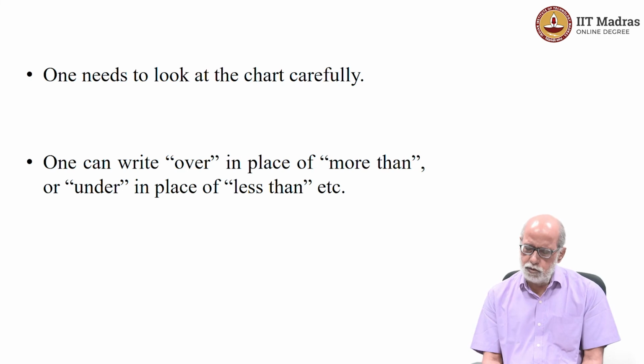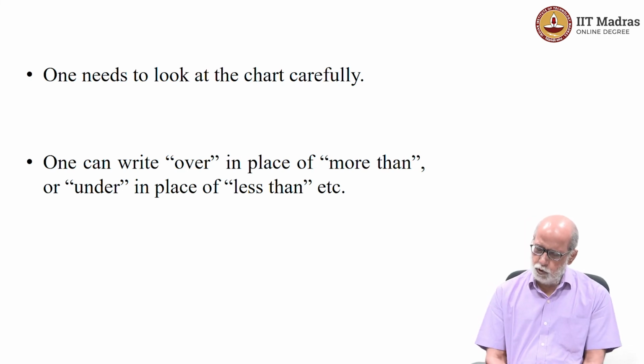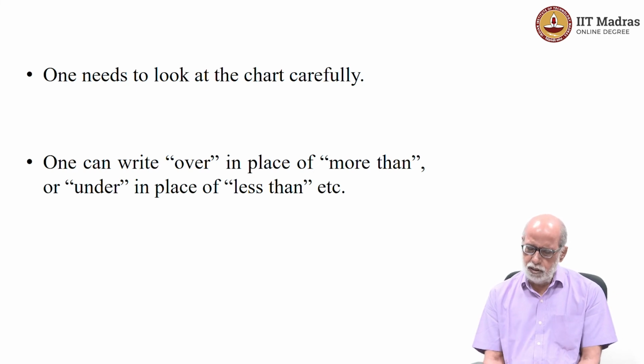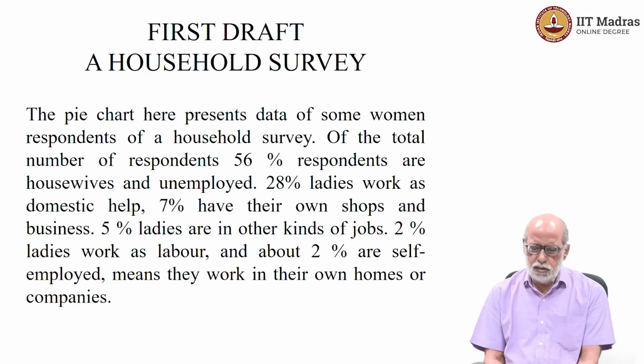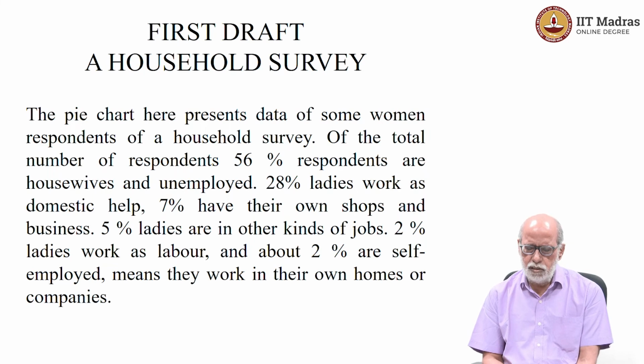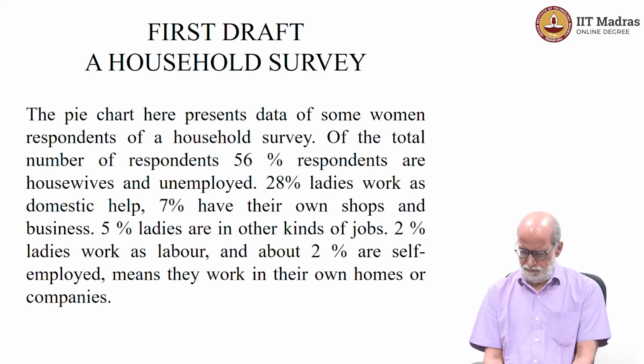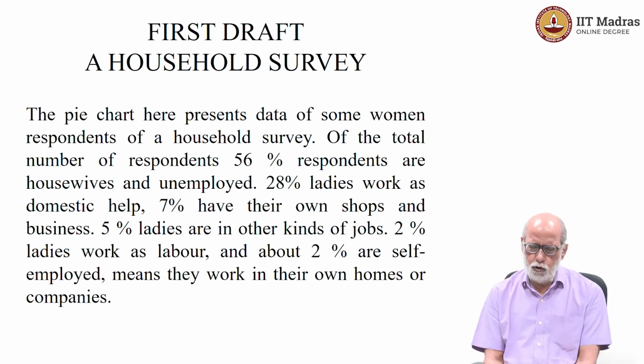So, for example, what is the point saying that more than so many people are employed there? You can say over so many people. Why do you need to say under so many people? You can just say less than, fewer than. Okay. Pie chart here. The pie chart has the results of a household survey.